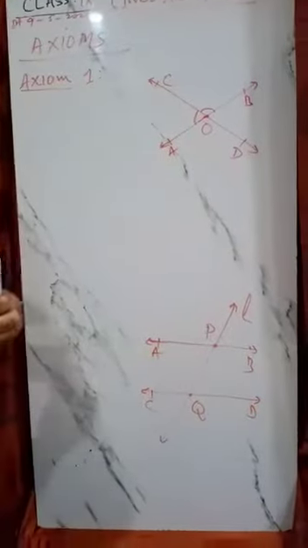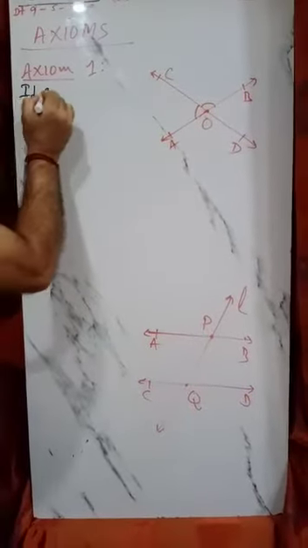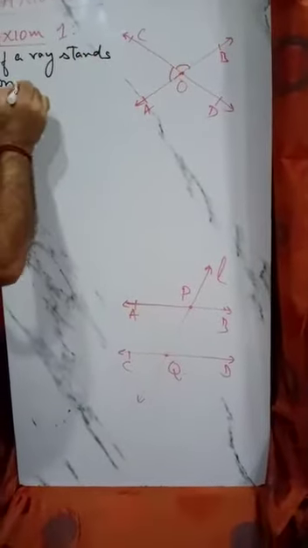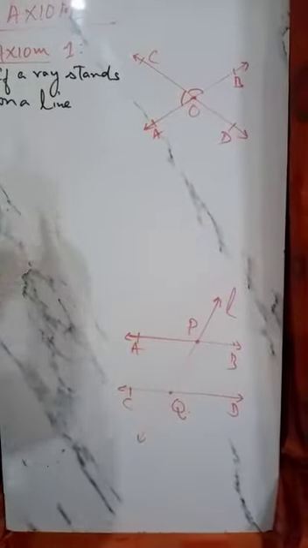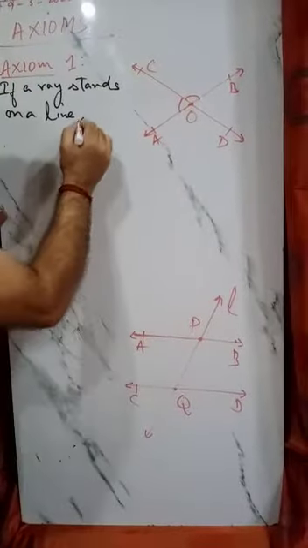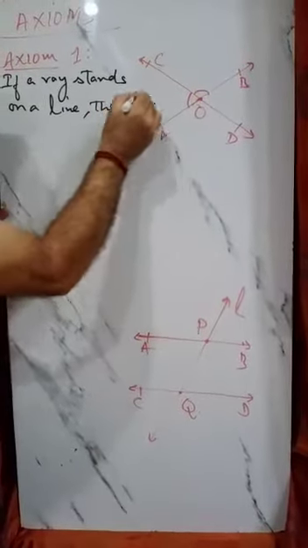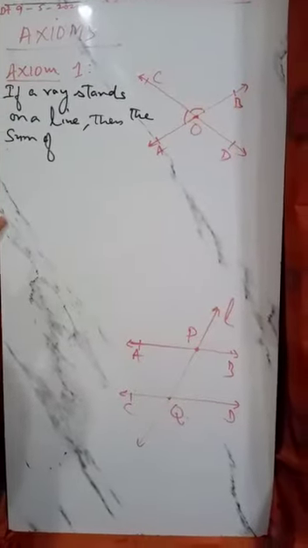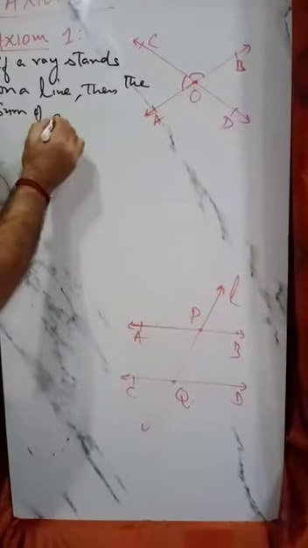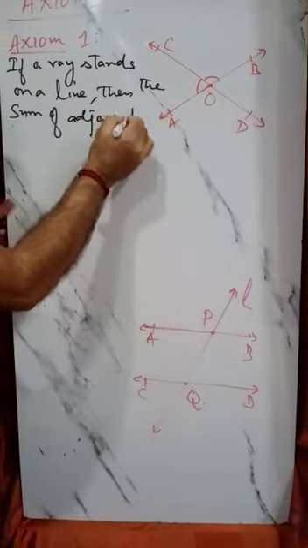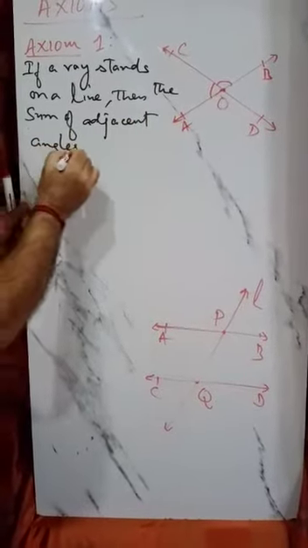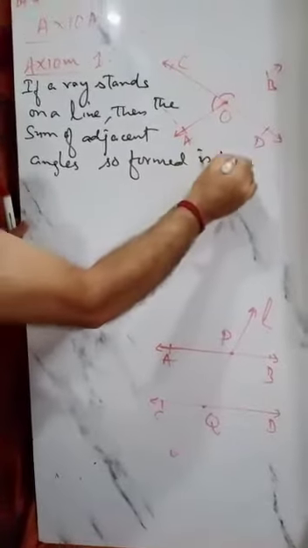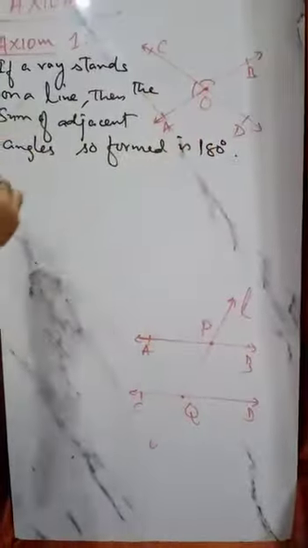So axiom number 1 is: if a ray stands on a line, then the sum of adjacent angles so formed is 180 degrees.